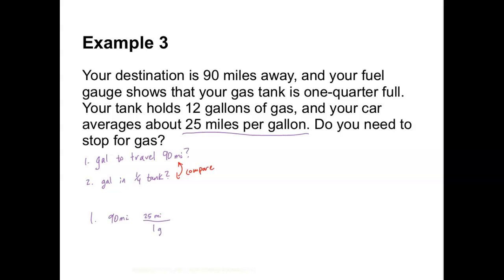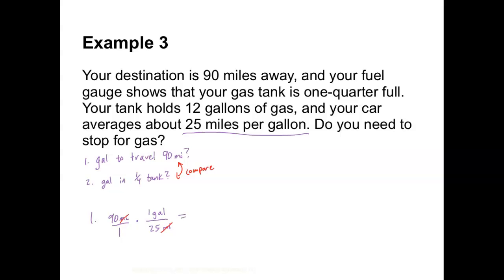But I don't want to end up with miles squared per gallon. So I'm going to take the reciprocal of that. I'm going to flip it, and say, oh, well, 1 gallon gives us 25 miles, right? So 1 gallon per 25 miles. And now you'll notice that when we multiply these, we're left with the units we want.